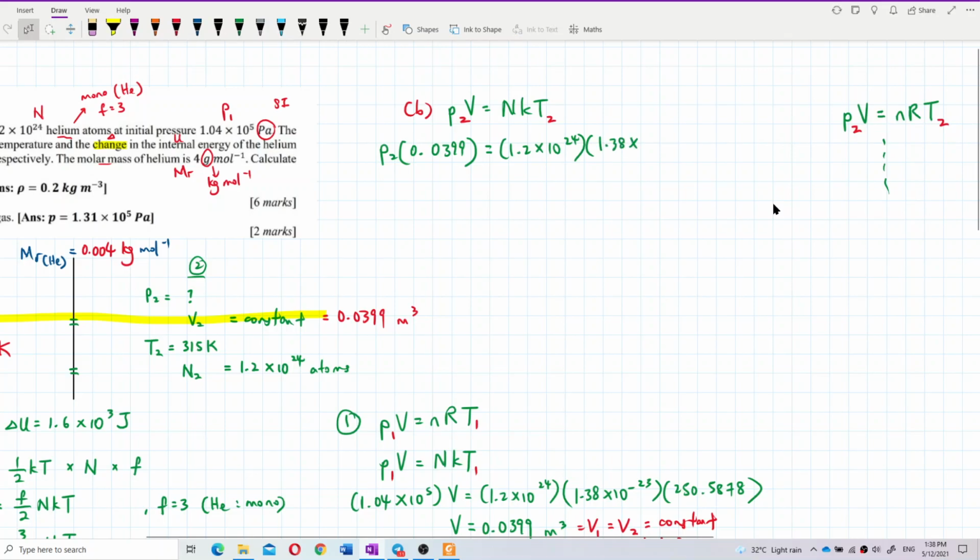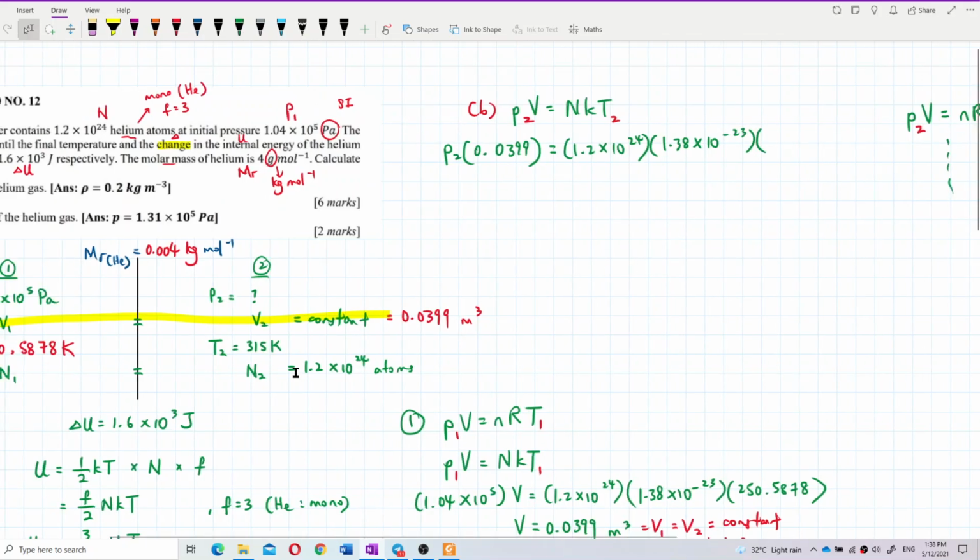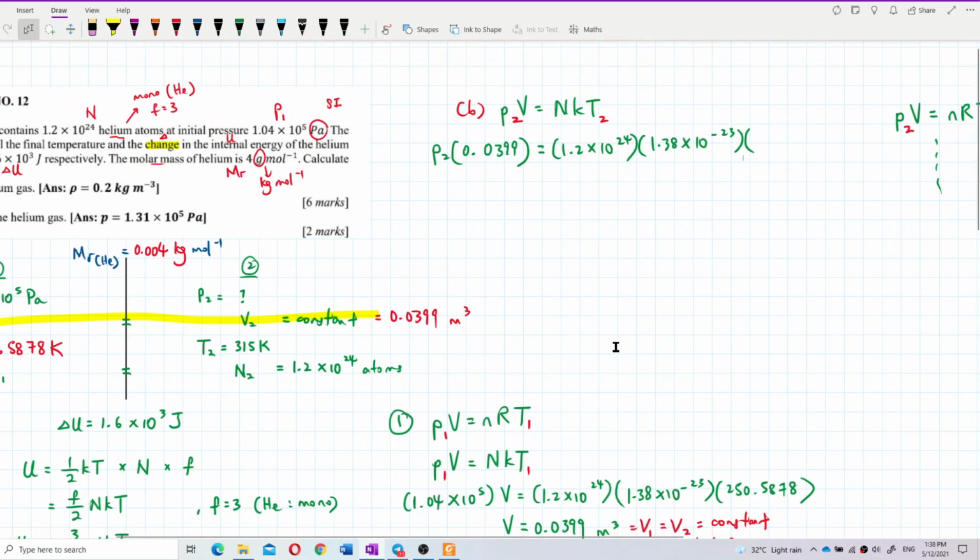1.38 exponent negative 23. And what's the temperature? Temperature is 315 Kelvin, and that's the final pressure. So let's calculate.